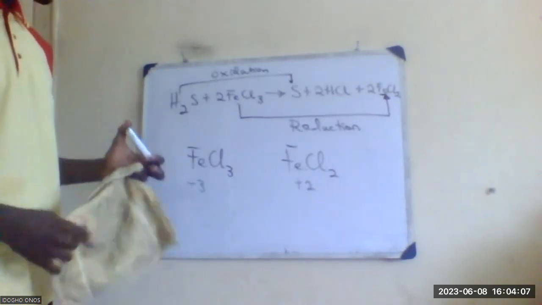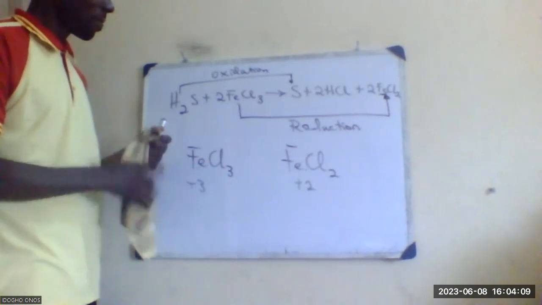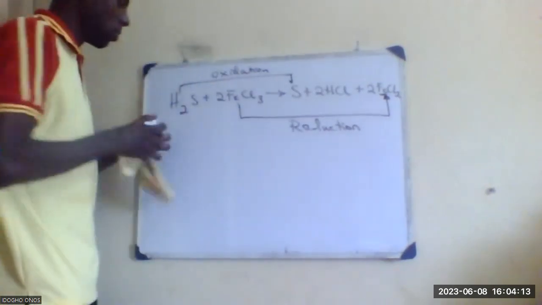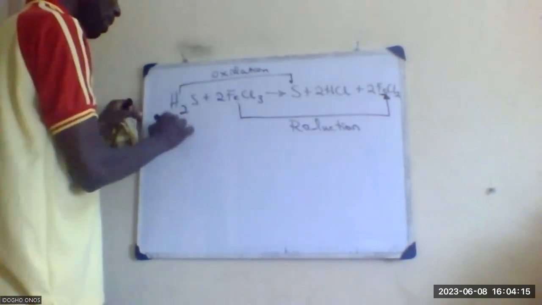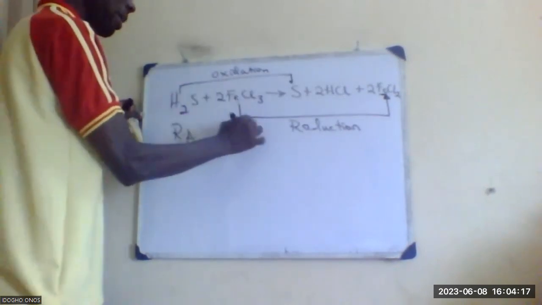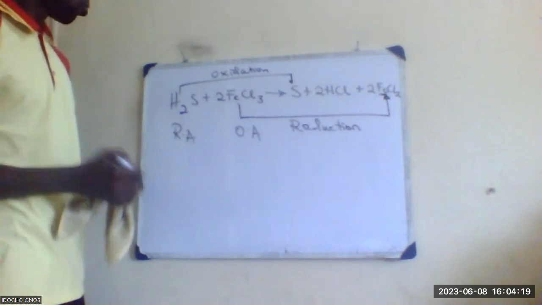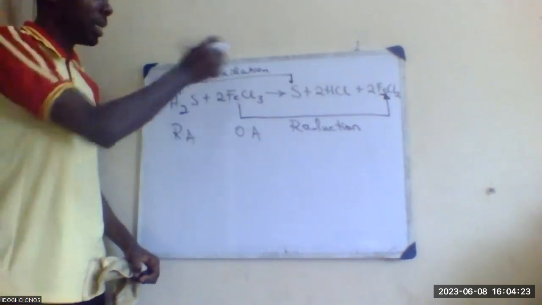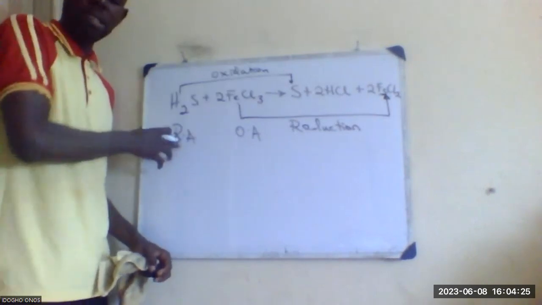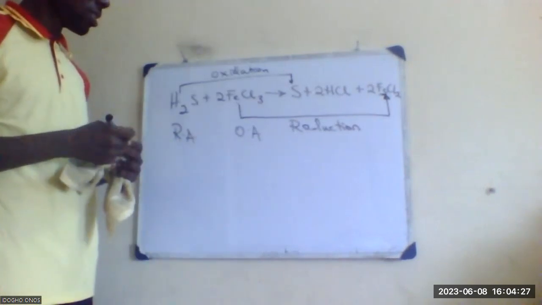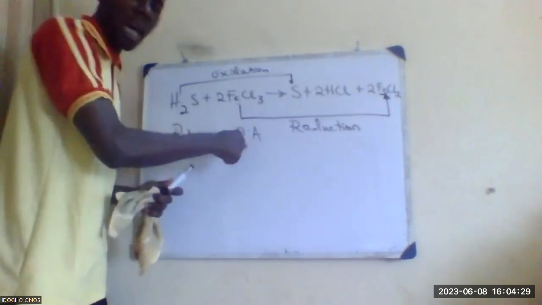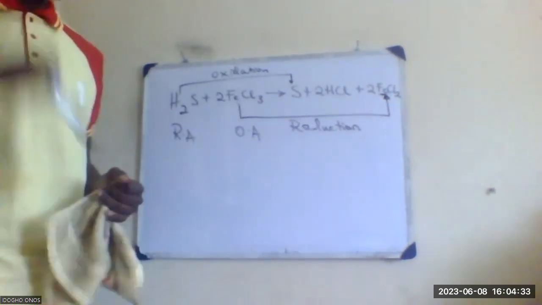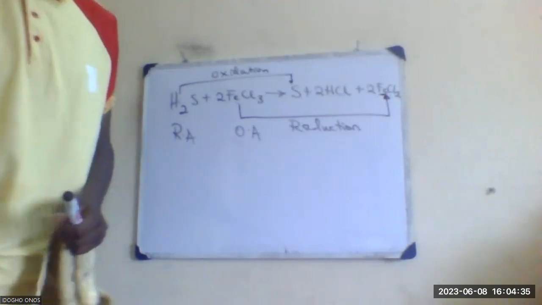Any question now? Then we can now see that this is my reducing agent and this is my oxidizing agent. So the role of H2S, which is hydrogen sulfide, in this equation is that it is acting as a reducing agent, while this is acting as the oxidizing agent. Any question?